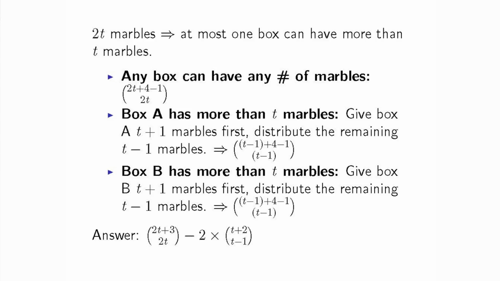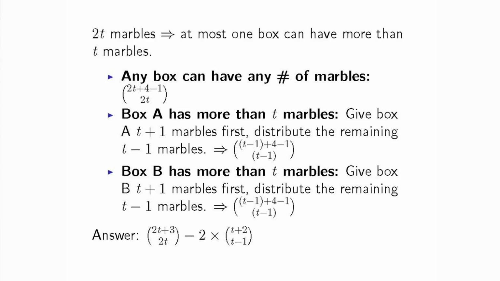So in this question, we mean box A can contain at most T marbles and box B can contain at most T marbles. And because we have only 2T marbles, that means at most only one box can contain more than T marbles.